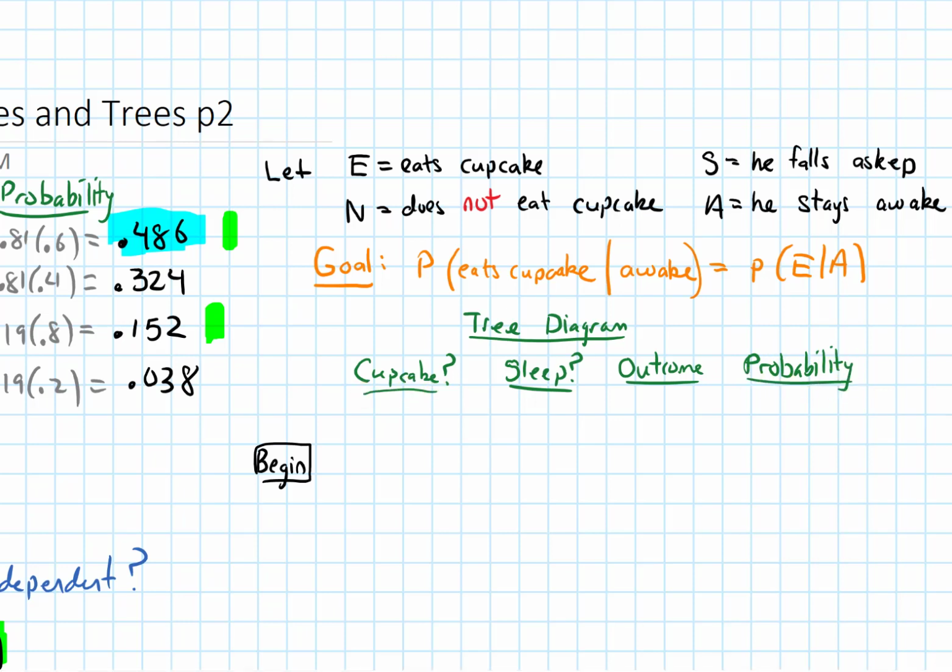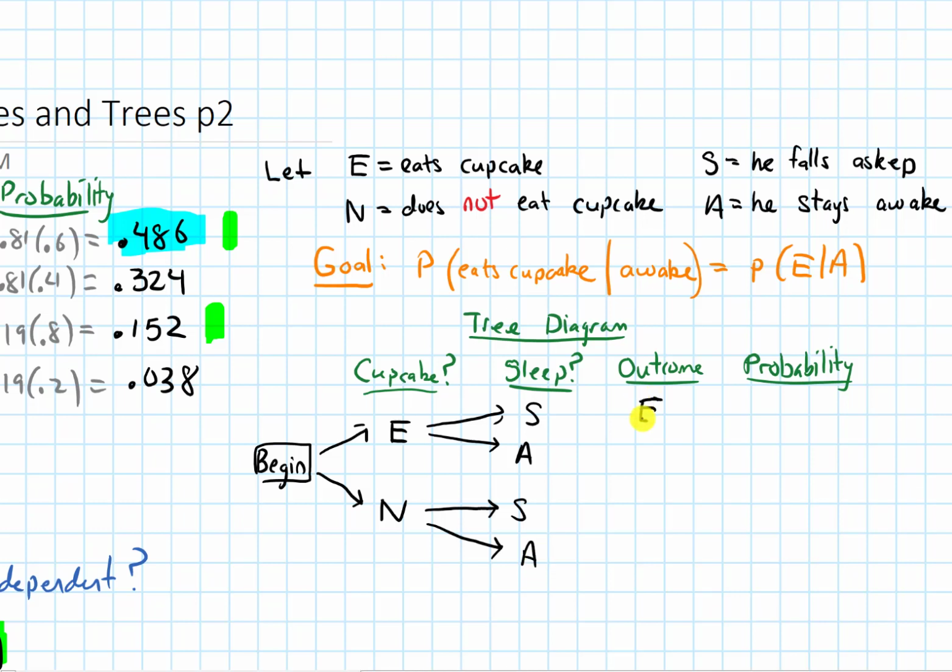There are 2 outcomes in the first stage: either he eats the cupcake, E, or does not, which is N. And after that, there are 2 sub-branches from each of these, because either he falls asleep, S, or he stays awake, A. So the outcomes are E S, E A, N S, and N A.